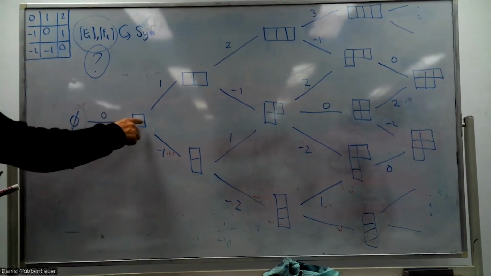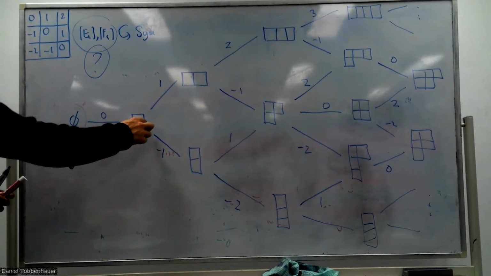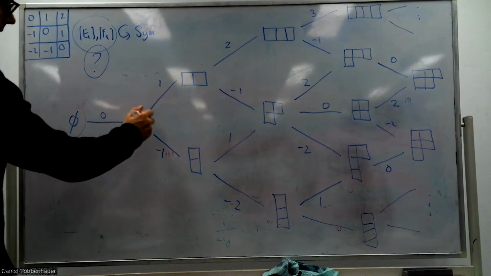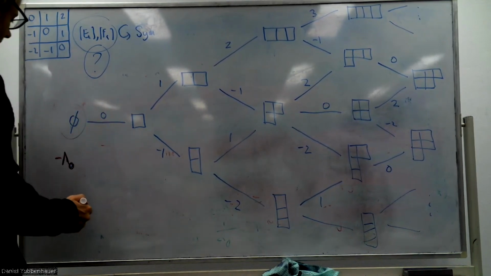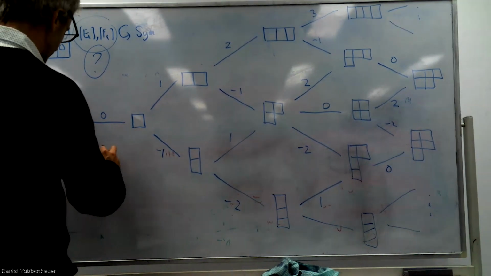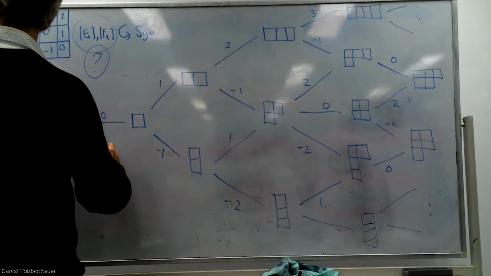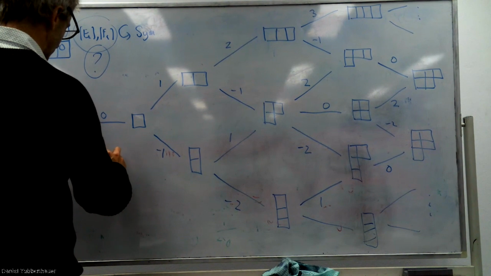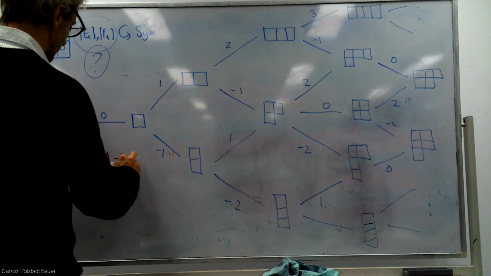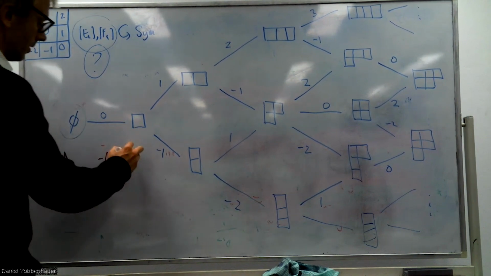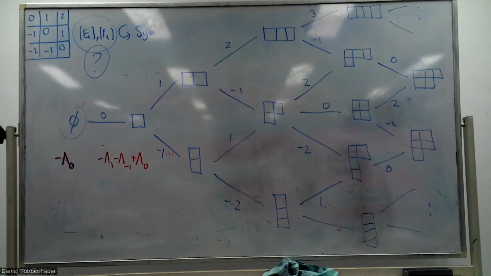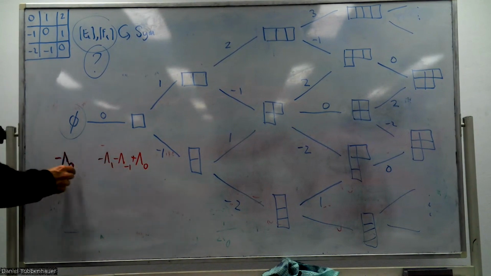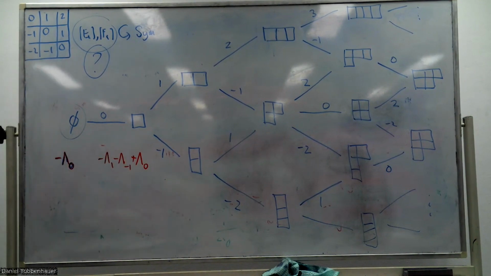Now, when we add it, what's the count here? This has an addable 1 box, an addable minus 1 box, so minus lambda 1 minus lambda minus 1, and it's got a removable lambda 0 box. And you'll notice that this is exactly this plus the quantity that I wrote down there.